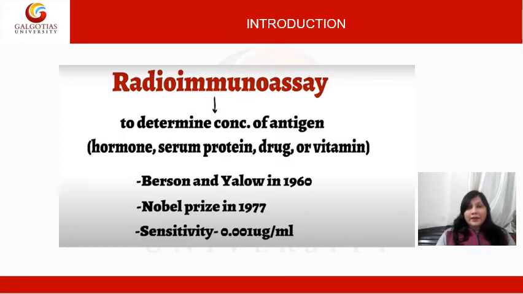So we can summarize radioimmunoassay as a technique or the immunoassay that is used to determine the concentration of antigen, for example hormone, serum protein, drug or vitamin, and this is a very sensitive and sophisticated technique.